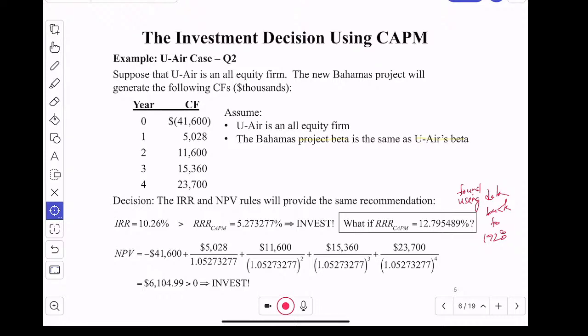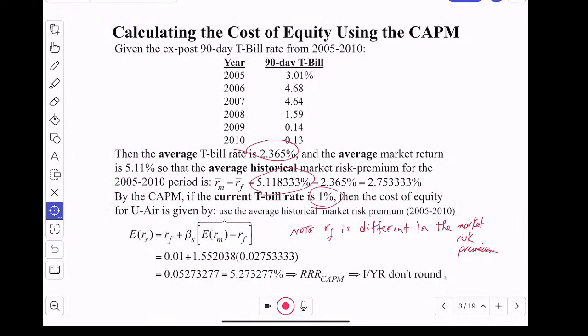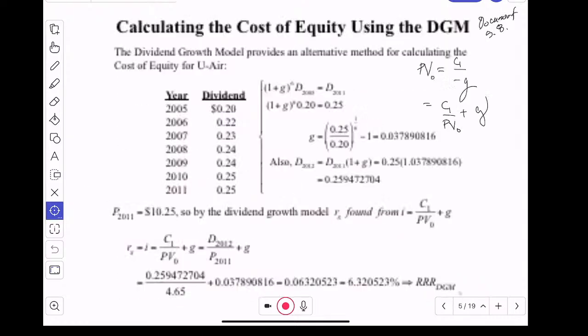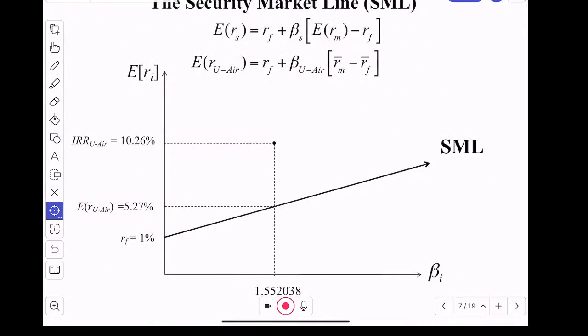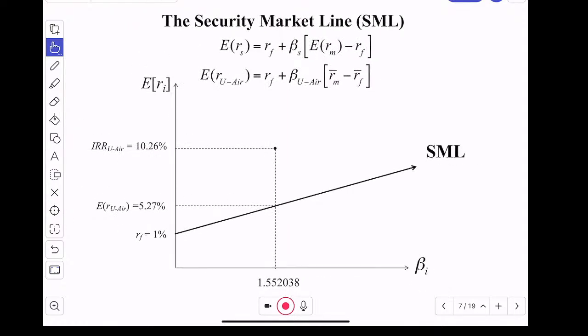So 5.2732 was calculated, remember, over here. All right. So in this setting, if you use CAPM, you end up here.